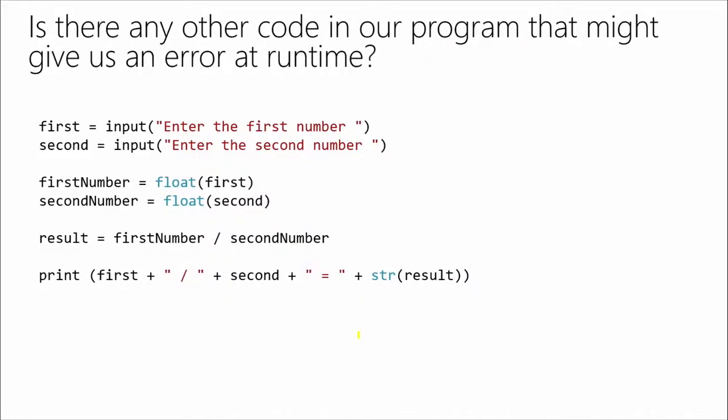Lots of different ways to tackle problems. If you look online, you'll find lots of other examples of different ways to handle exiting code as well. If you look at the code here, though, there's other code that could cause an error. We've been handling the error that can occur when you divide by zero. But Christopher, can you see anything else in this code that might actually crash at runtime?